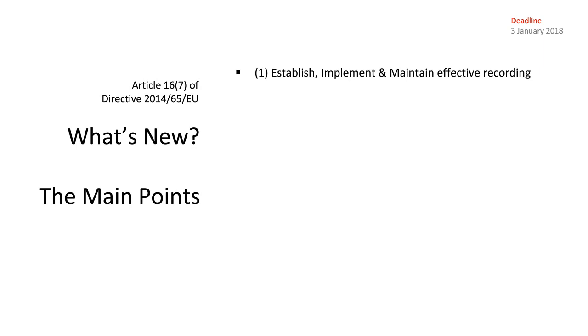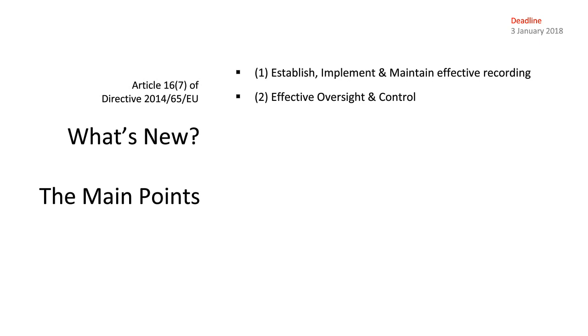Now, many are doing this, and I expect quite a lot of people on the webinar are doing this, but possibly not to the extent required under MIFID II. We'll touch on that as we go through. The second is subparagraph 2 of 16.7, which basically directs firms to ensure that the management body has effective oversight and control over the policies and procedures relating to the firm's recording of telephone conversations.